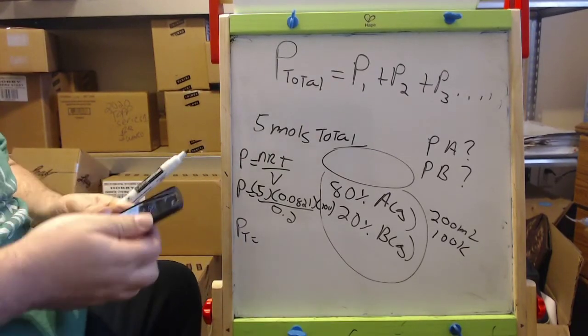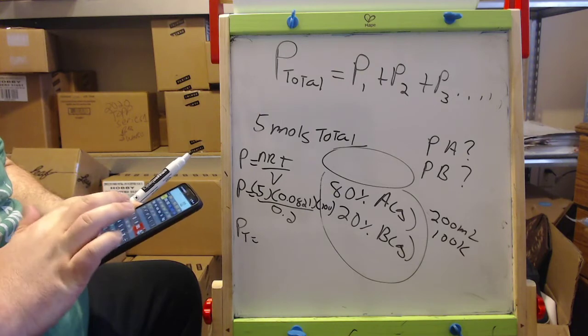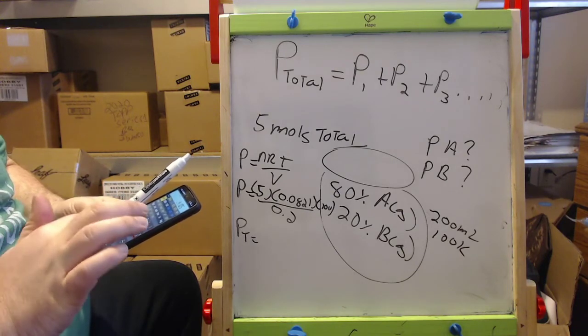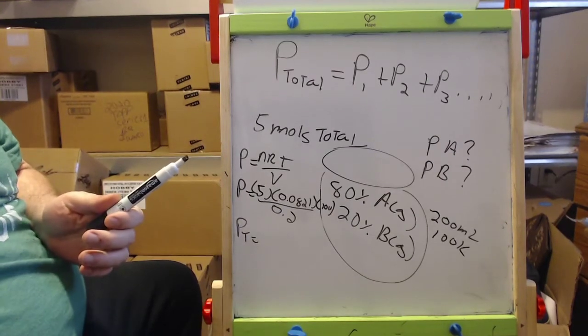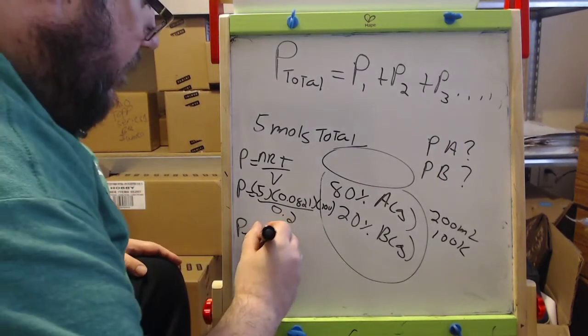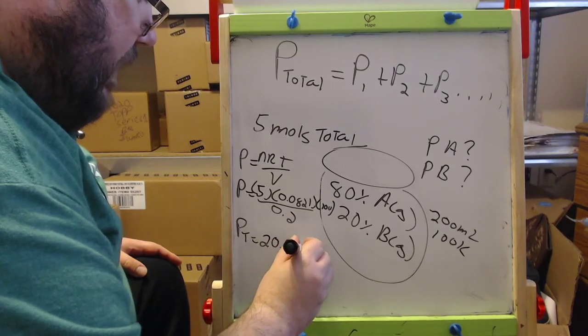So my total pressure will be 500 times 0.0821 divided by 0.2. I get 20.5 total atms.